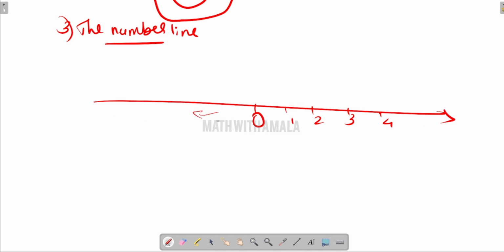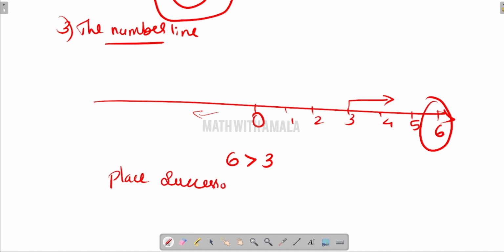The third concept is the number line. The number line is a representation of numbers on a straight line, and it will have a 0 at the very middle, but we can't say which is the exact middle since the infinities are going towards left and right. Let's consider the right infinity. Let's consider 1, 2, 3, 4, 5, 6 which are placed with unit distance, or equal distance, between them.